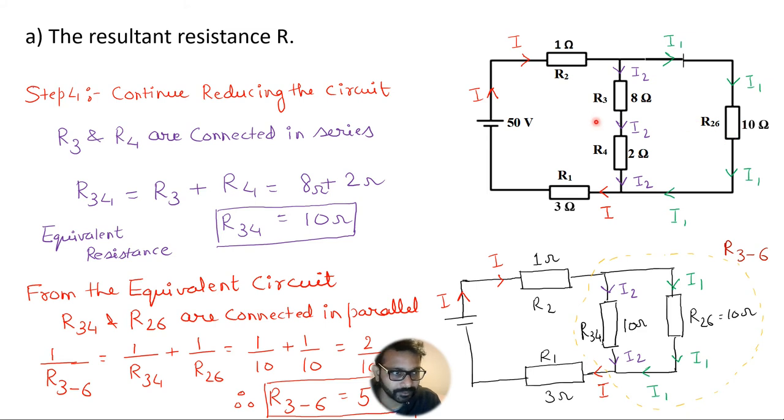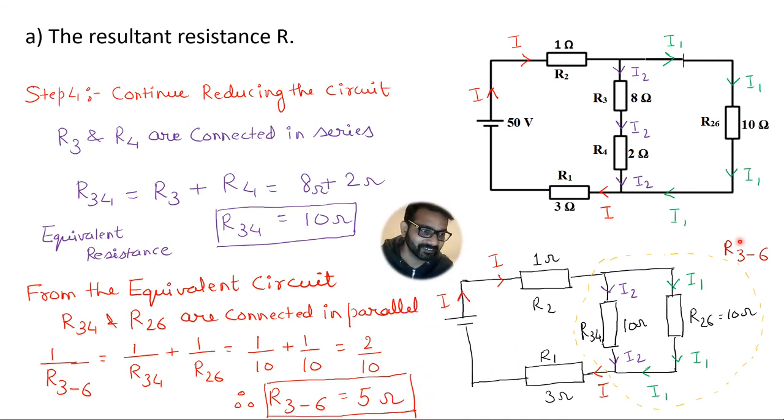So this figure is the same as the one which I have drawn before, but it is a bit neater, right? It's a much better figure here. So we are going to continue this process until we reduce the entire circuit to a single resistance.